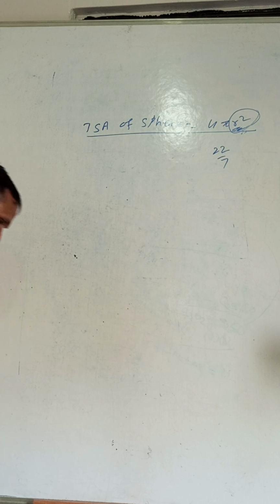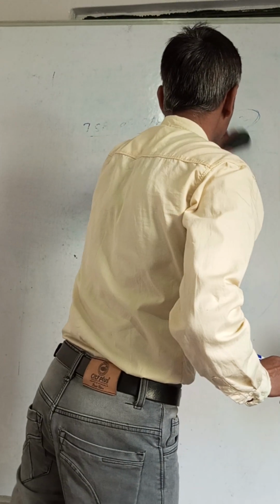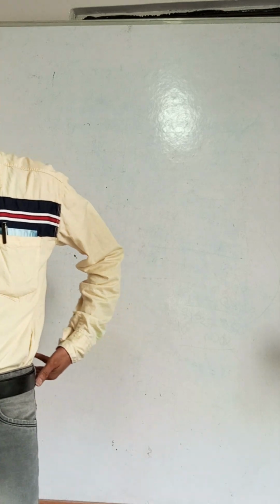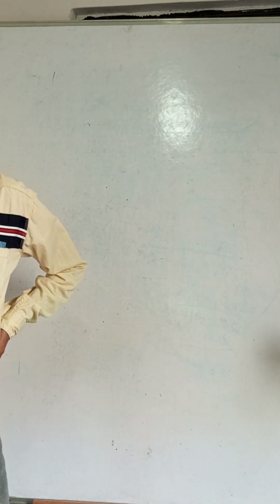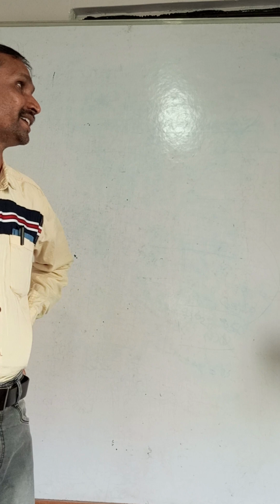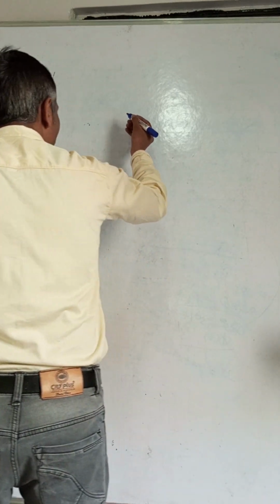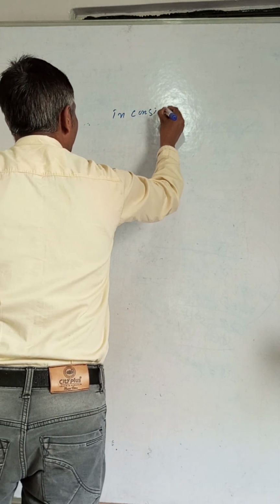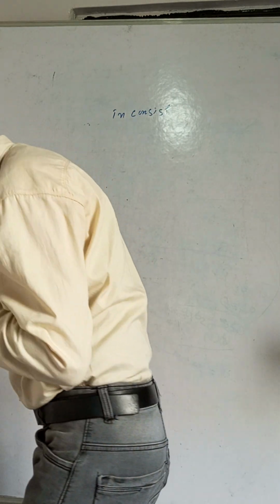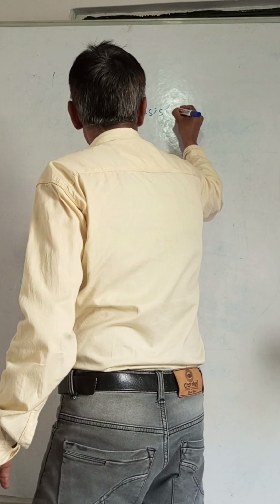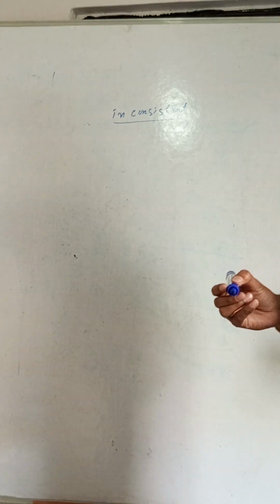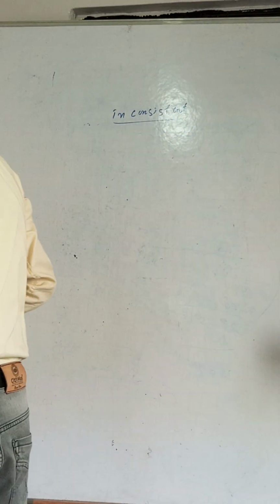Question given here. If the pair of linear equations in two variables are inconsistent, then how many solutions do they have?